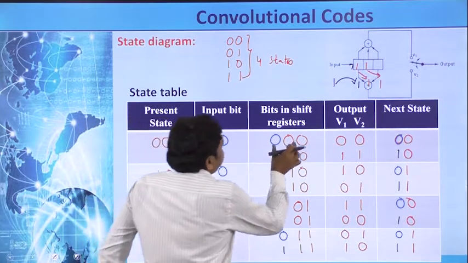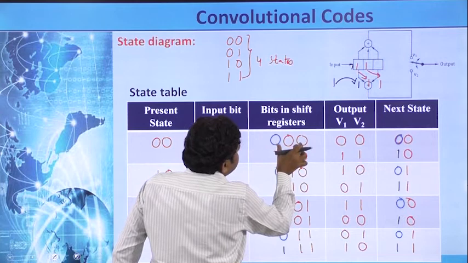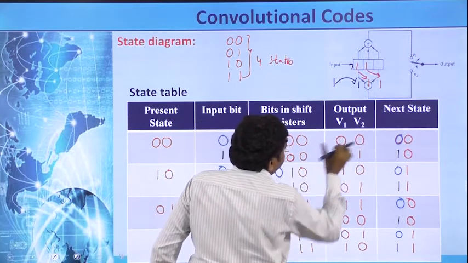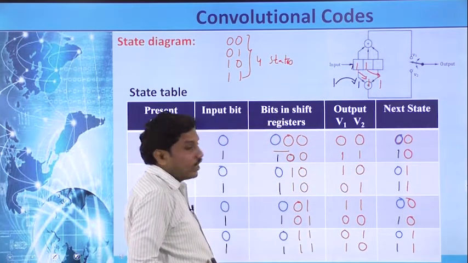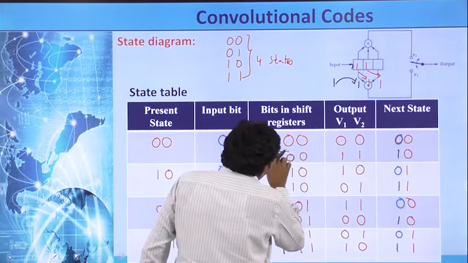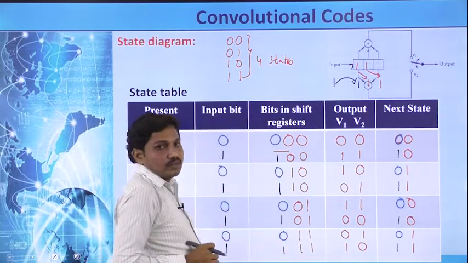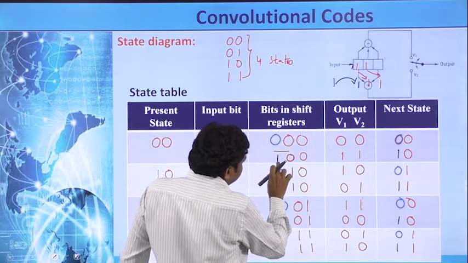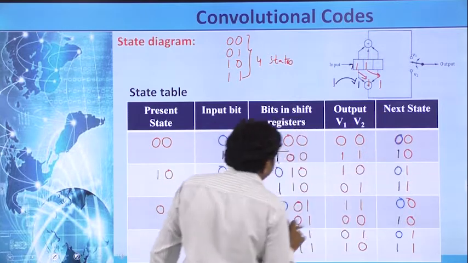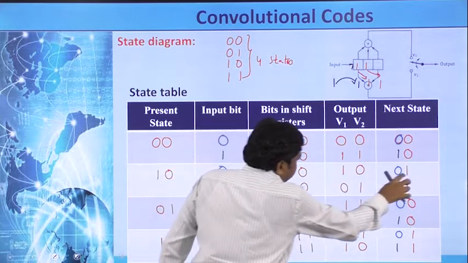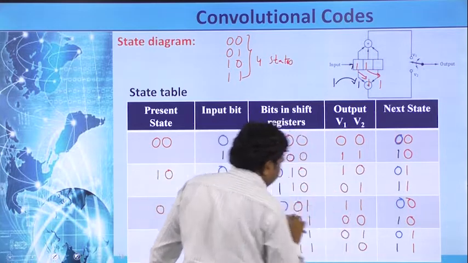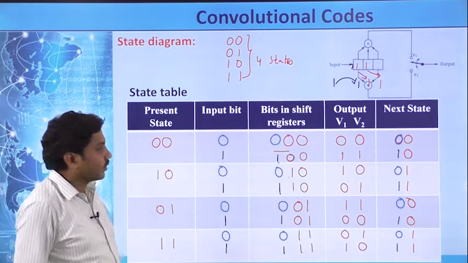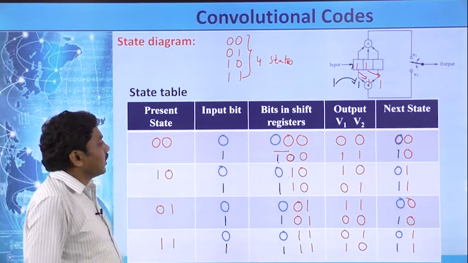If you know the bits in shift register, it is very easy to calculate the output bits. Next states are nothing but the first two bits. You can see here the first two bits are 0 0, whereas here the first two bits are 1 0. So here 0 1 is the next state. Here 1 1 is the next state.